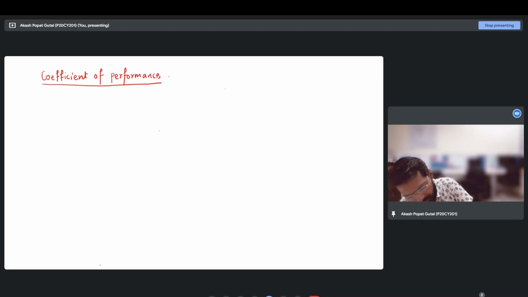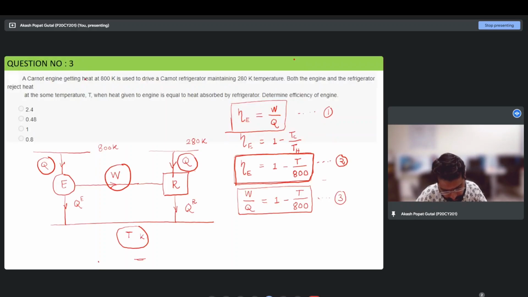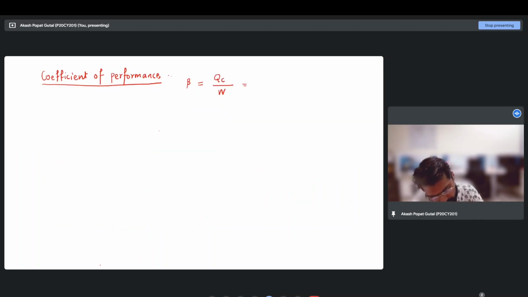This coefficient of performance can be given as beta, equal to the heat taken from the cold reservoir divided by the work done on the refrigerator. As we know, the heat taken from the cold reservoir is Q, so we replace it: beta equals Q by W. So this is in terms of heat and work.